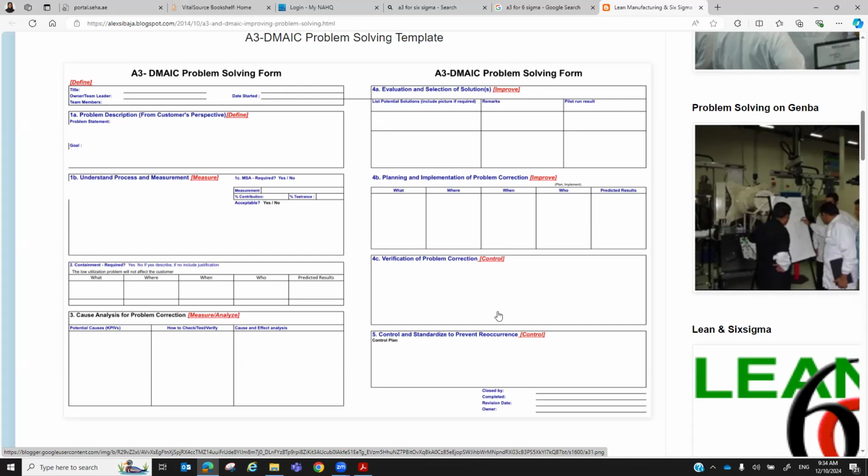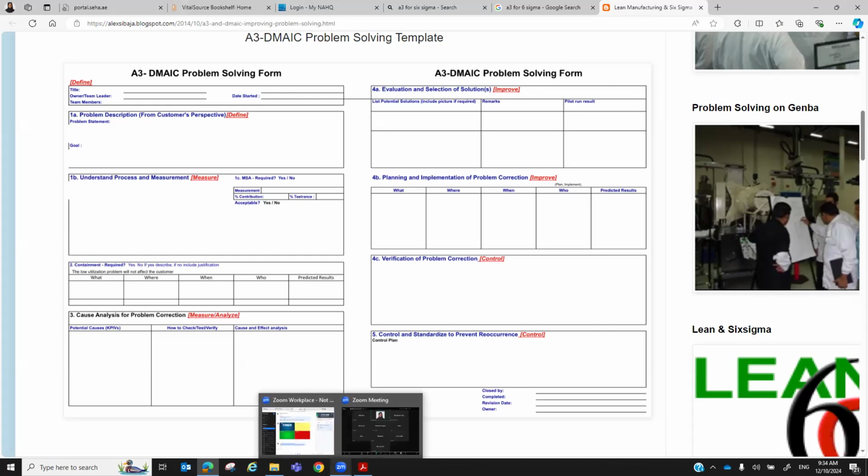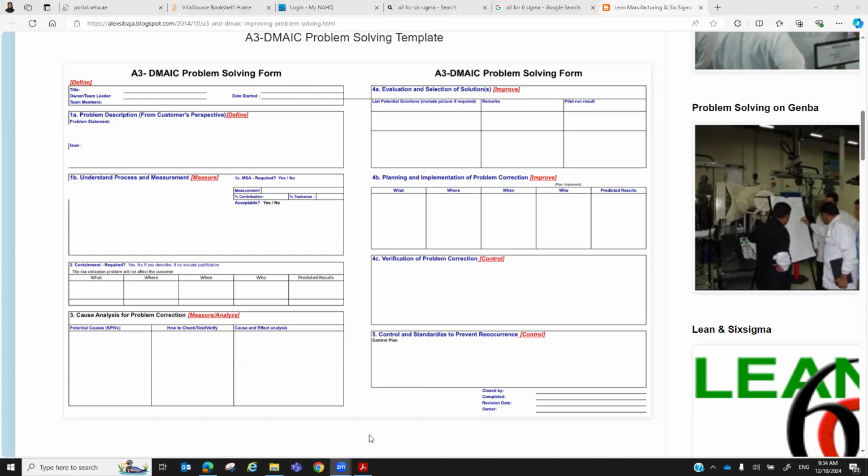And then here is your continuous data plotting of your improvement, as well as any standardized tools or techniques that you would use. So A3 basically focuses on the presentation of your quality improvement process or project.